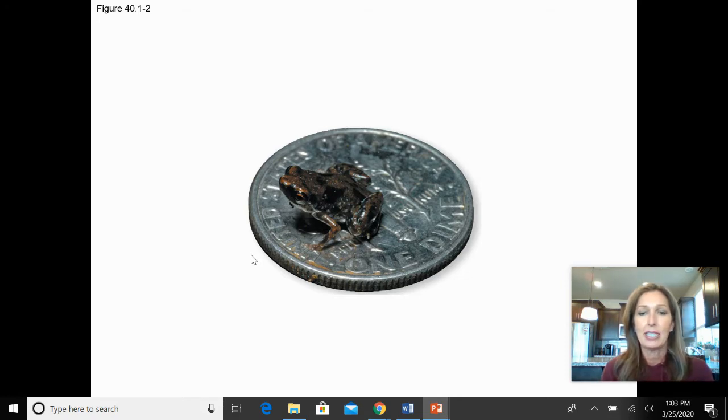Here's this little teeny tiny frog. My obvious thought is predation. He's pretty small, so he's going to be food for a lot of other organisms.